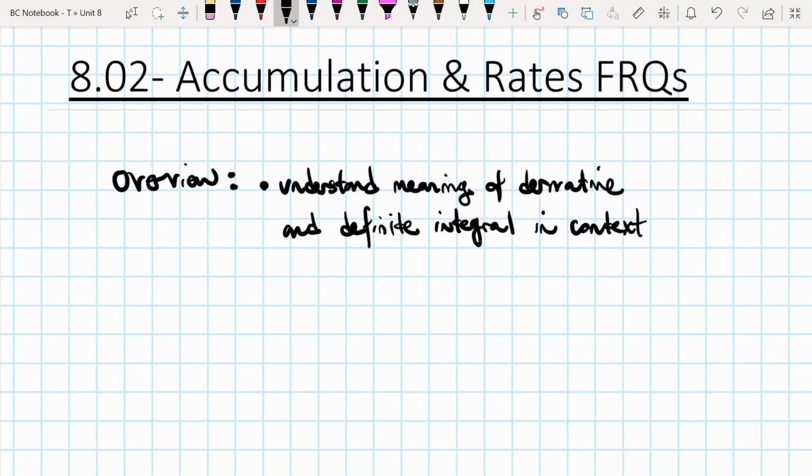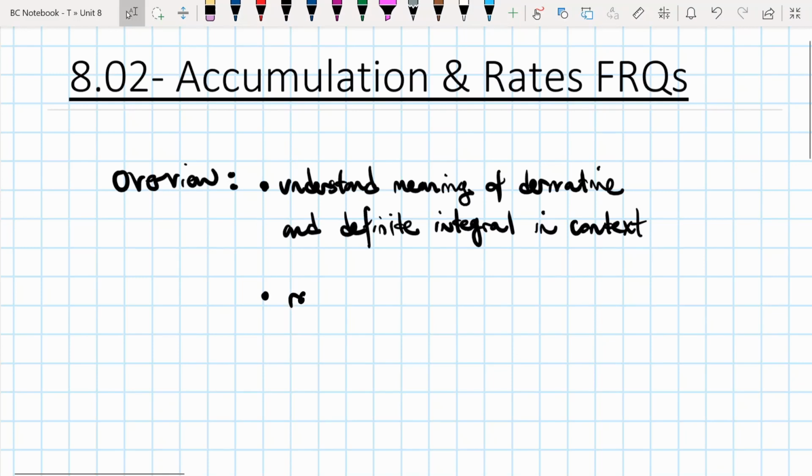These are typically application questions where you have to understand what the derivative means and what the definite integral means conceptually. We'll go through specific examples with regard to that.